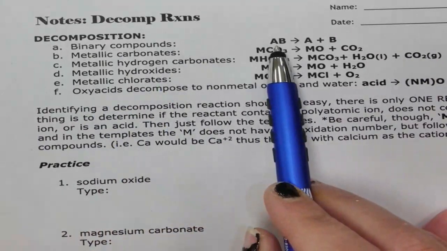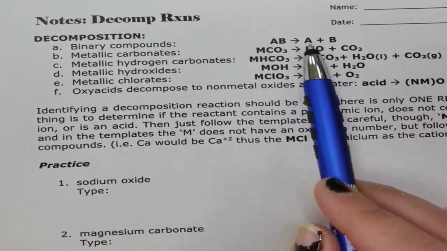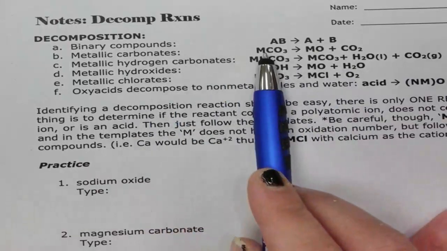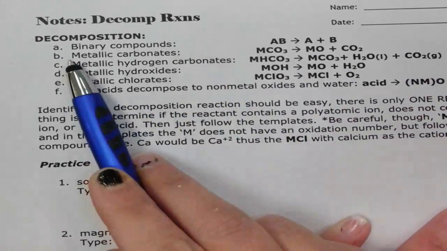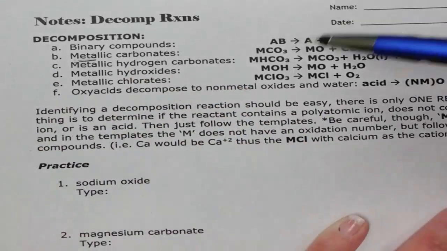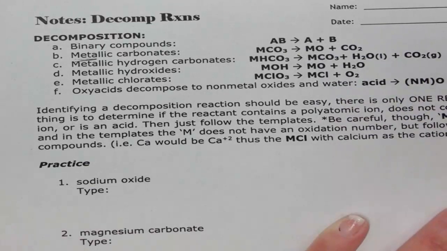A binary compound can decompose, meaning break apart, into its 2 individual elements. M is a metal. So a metallic, root word there, metal, it has a metal in it with a carbonate, is going to make a metal oxide plus carbon dioxide.